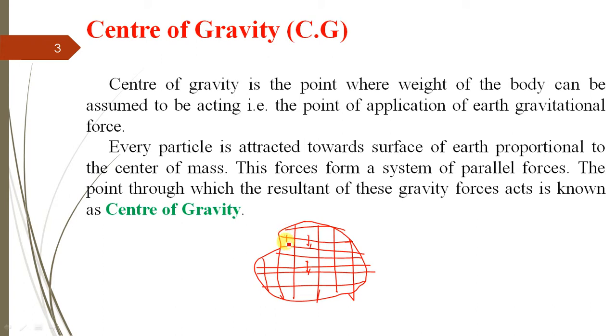If you find out the resultant of all the forces, which form a system of parallel forces like this, the resultant will pass through one point. This point through which the resultant of all the weight of the body is passing is known as the CG. So this is your CG of the body.